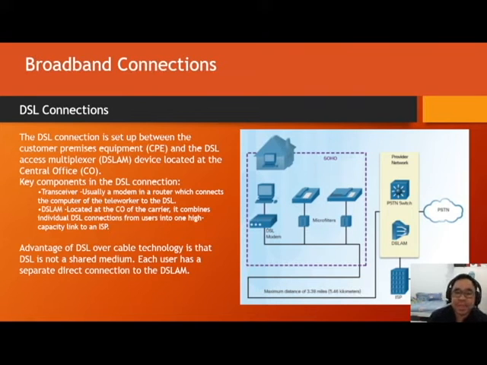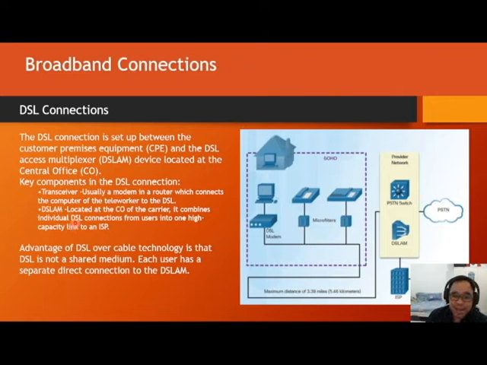DSL connection. The DSL connection is set up between the customer premises equipment, CPE, and the DSL access multiplexer, or DSLAM, a device located at the central office. Here is the DSLAM. The key components in the DSL connection: transceiver, usually a modem in a router which connects the computer of the teleworker to the DSL.